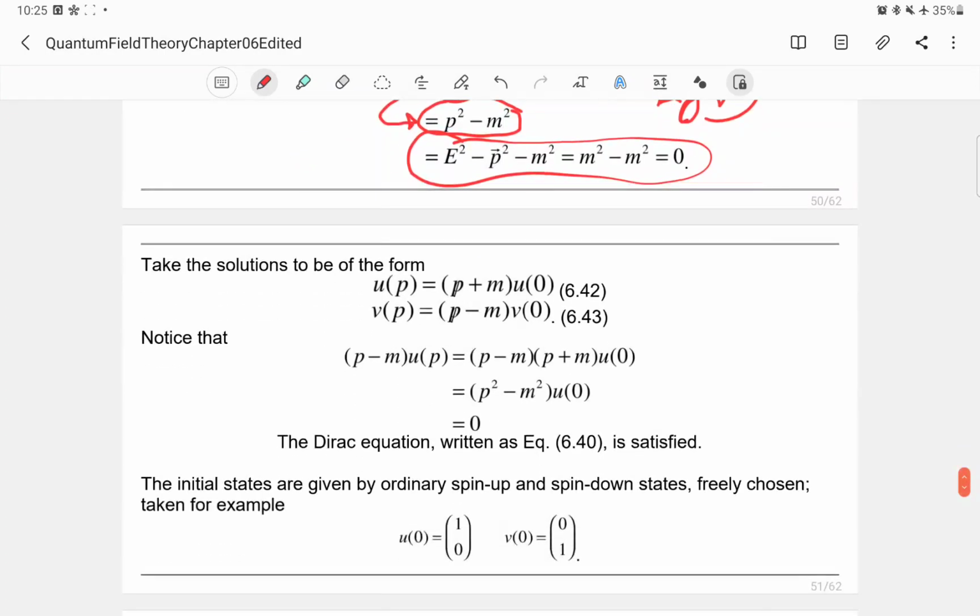I mean, you have solutions for free space where your momentum is 0, and then you will have the solution for a particle with momentum p, and an antiparticle with momentum p.